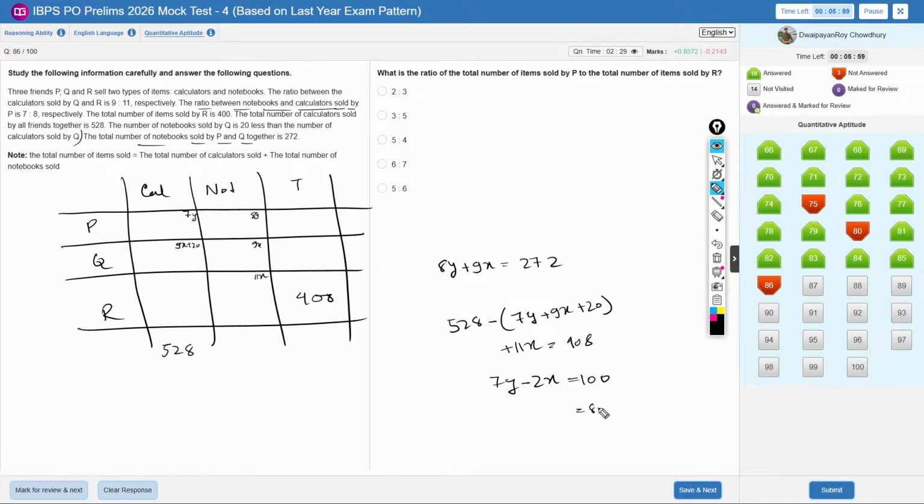Into 8 minus, okay, actually into 9, so 900 minus 18x, 963y and 2, 16y plus this is equal to 2 times, so 544.